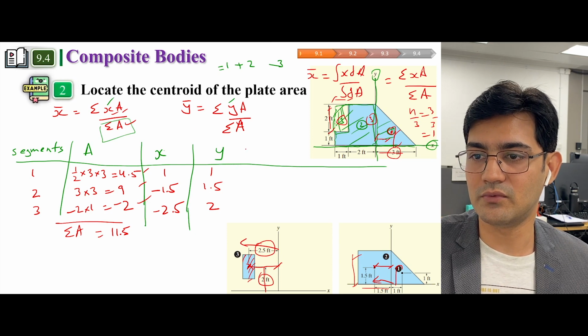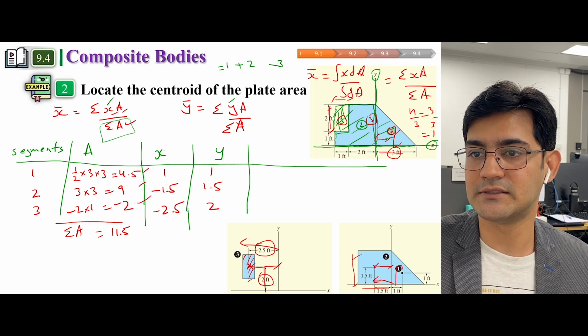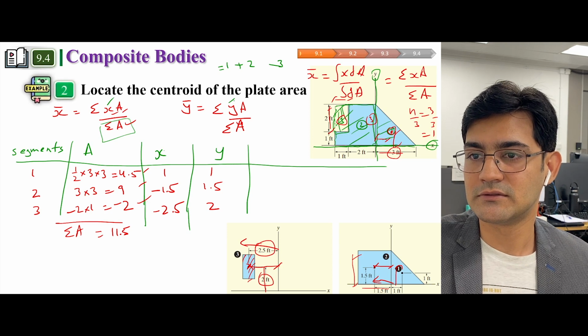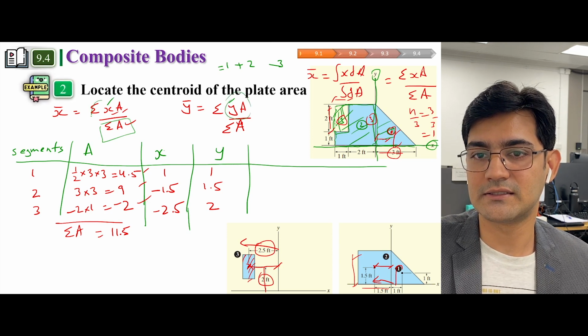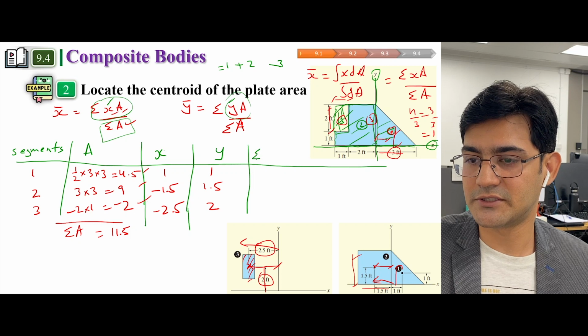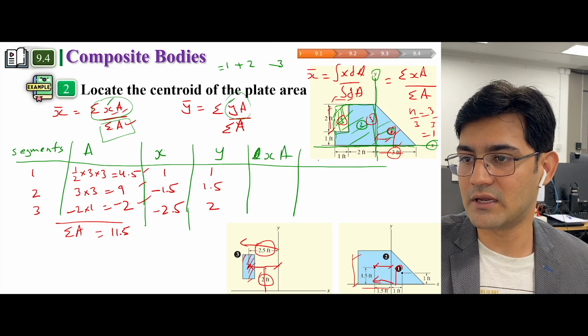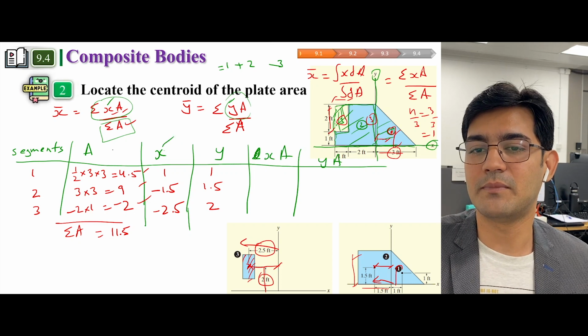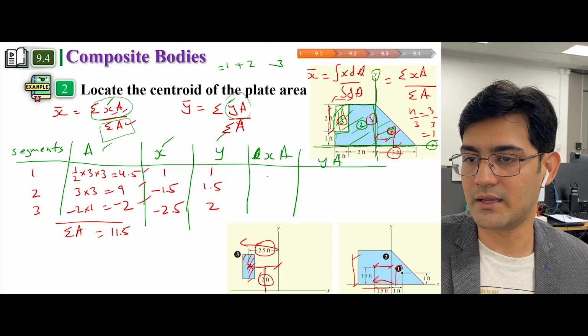Now what we need to calculate is summation of xa, and then we'll calculate ya. So we will multiply x with a and multiply y with a.